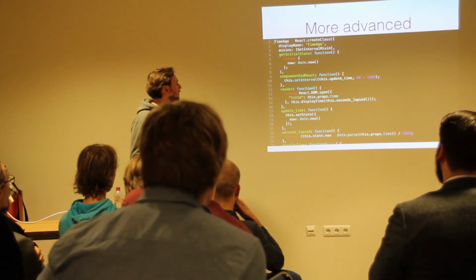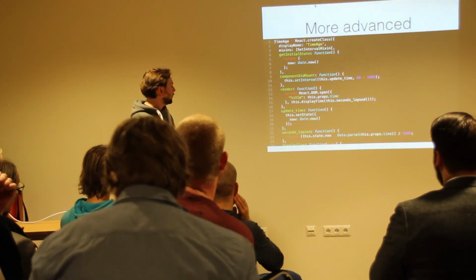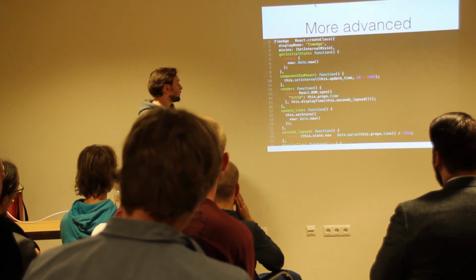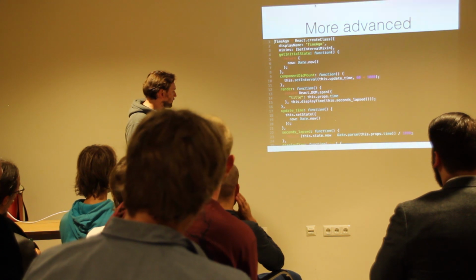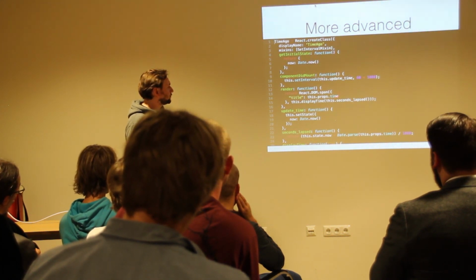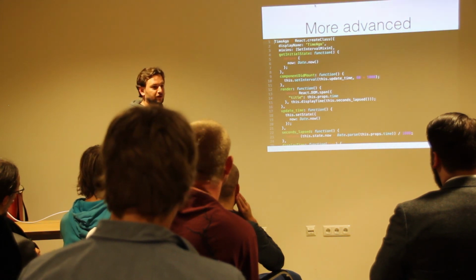Well, this is a bit more advanced example of a React component. It's a little widget. It has an argument. Arguments are called properties, and this props.time is the argument of the time ago.